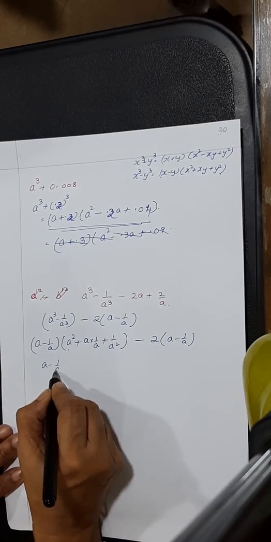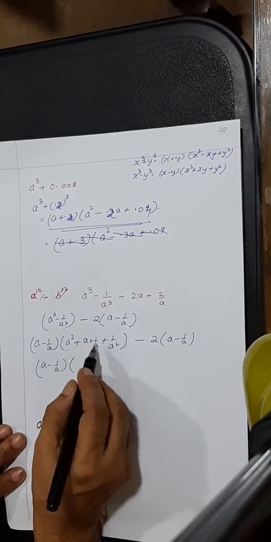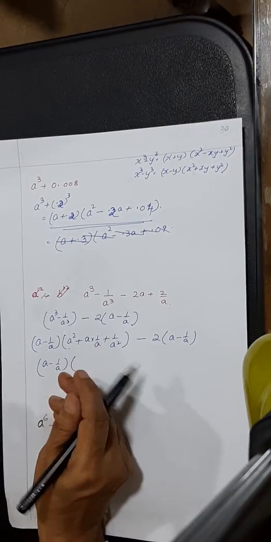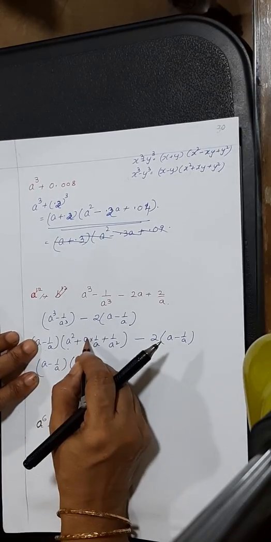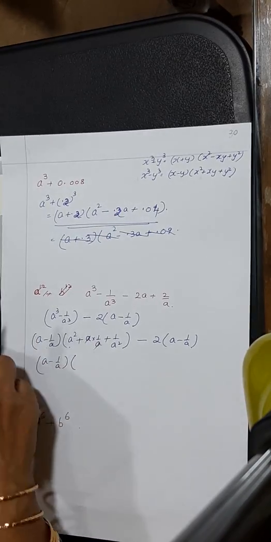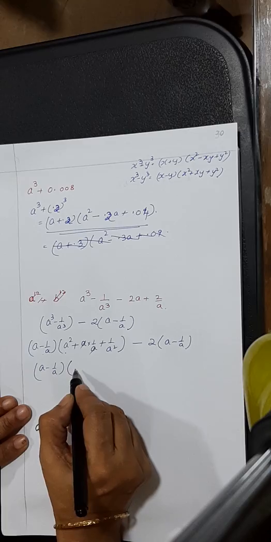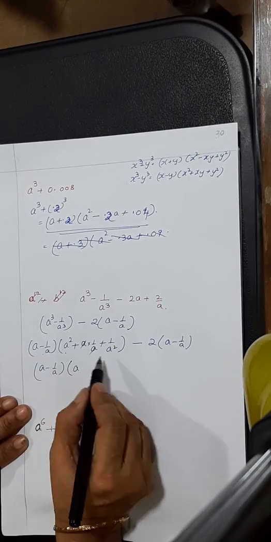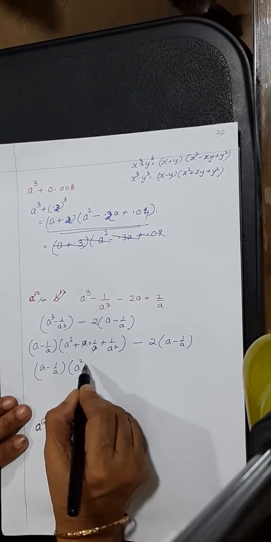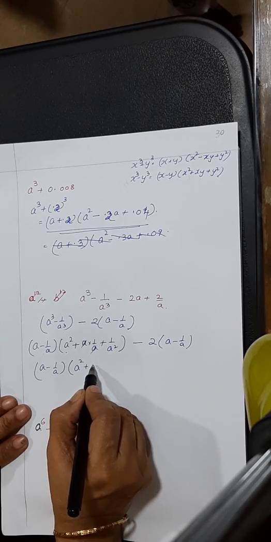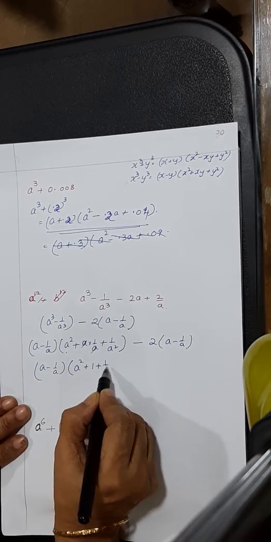So, you have a minus 1 by a is common and take that out. So, now you are left with a into 1 by a, and a will get cancelled. So, you are left with 1, so a squared plus 1 by a squared.